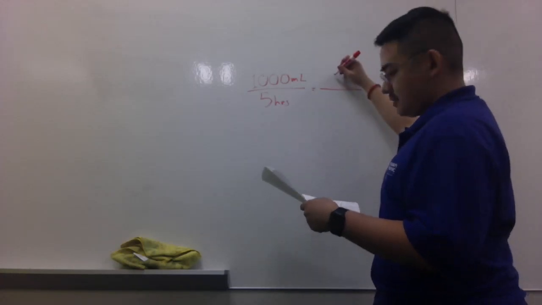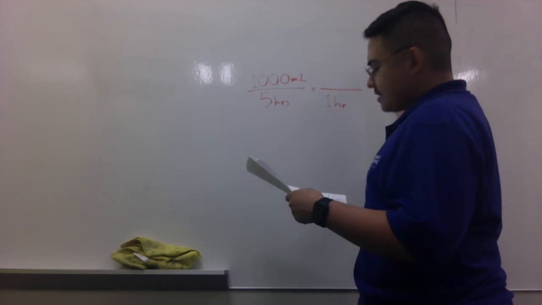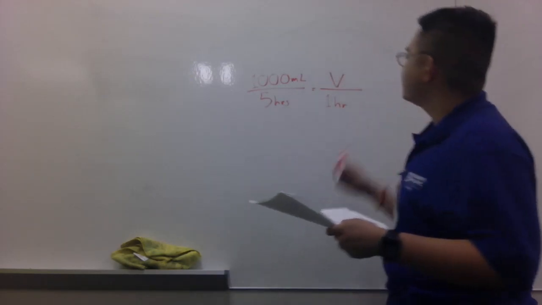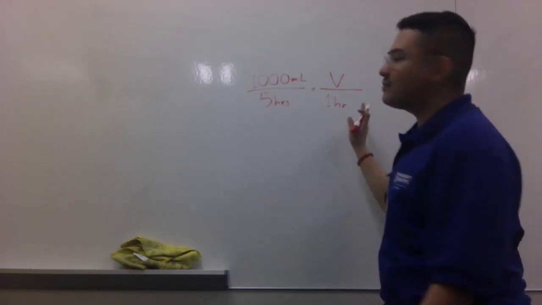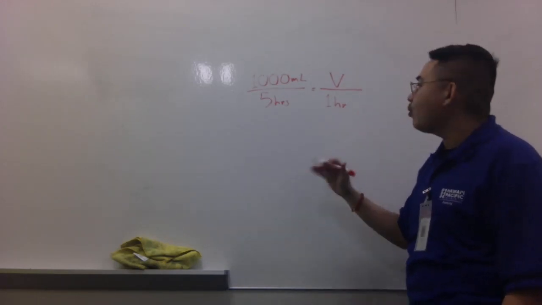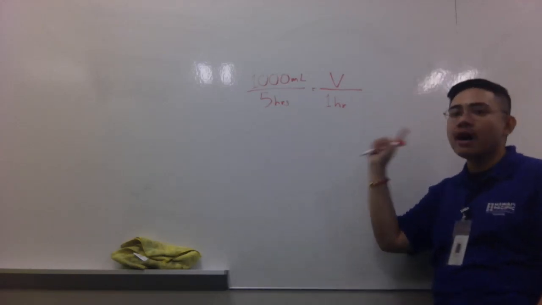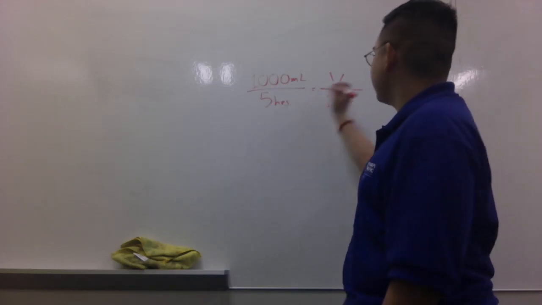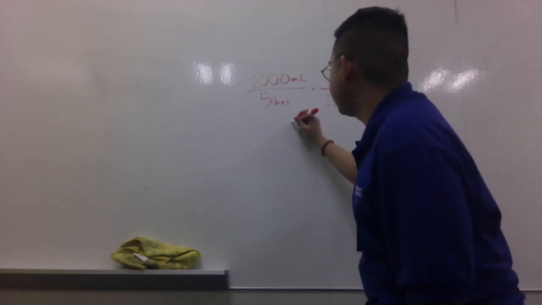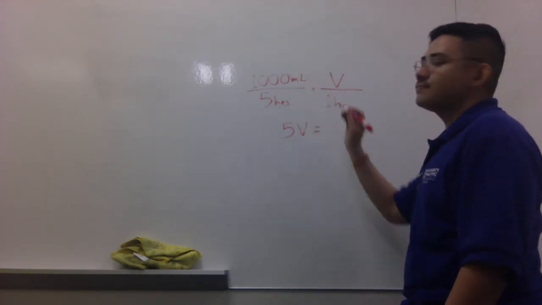Okay, so we set it at 1 hour. I think this is not too bad because it's asking for 1 hour, a single thing. I don't want 5 decoys coming at me. I just want one single thing. So we cross multiply: 5V equals 1,000.